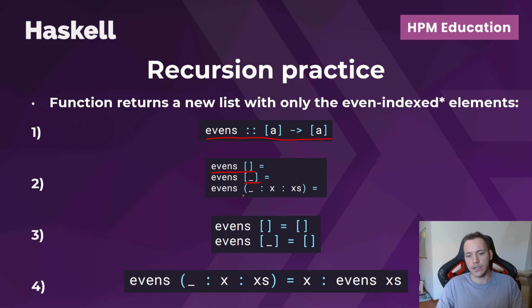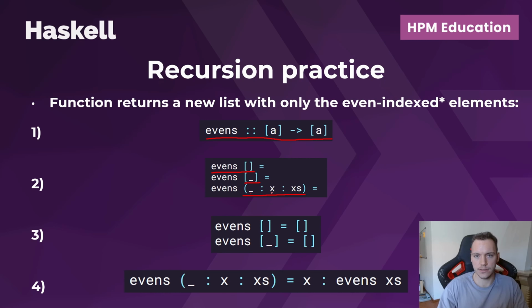Any other case will mean that the list has at least 2 elements, 2 or more. Okay, so this pattern matches. Now, I think we haven't seen this pattern before, but it's nothing more than this: this is the head of the list, the first element of the list.